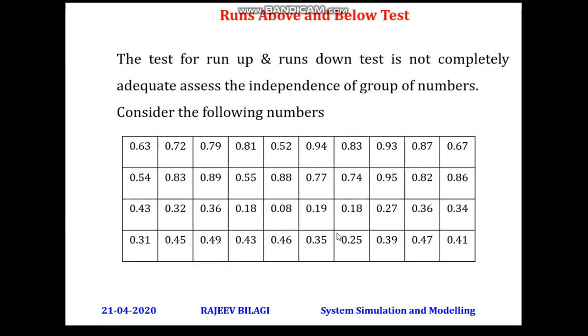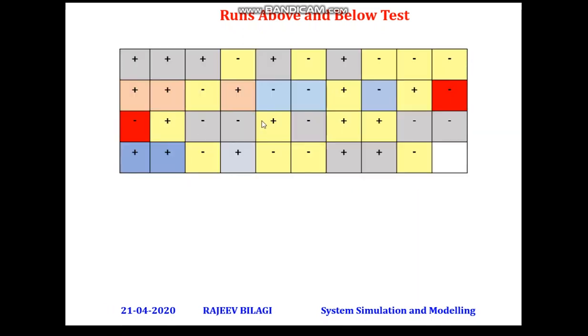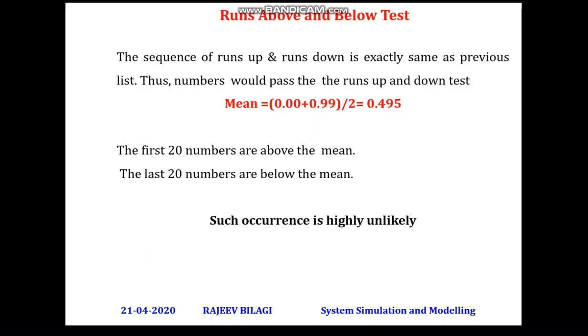The numbers are different, the sequences are different, but still you are going to get the number of runs as the same. That is where sometimes the numbers would pass the runs up and down test. In such cases, there is a problem.